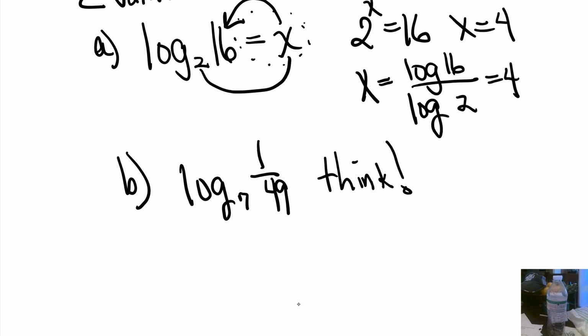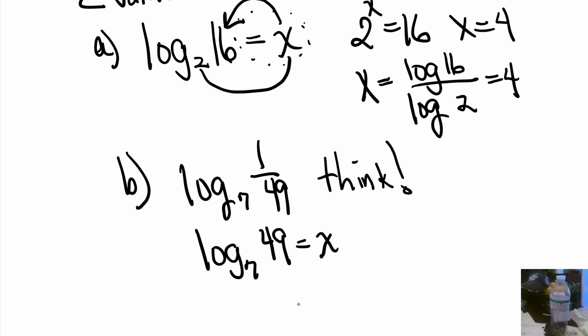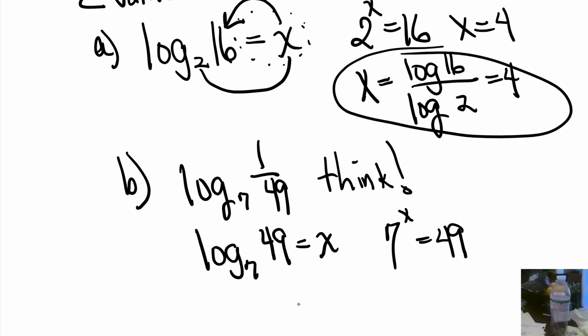If I set this up as log base 7 of 49 equal to x, that means 7 to what power is the positive 49. Again, I can use the process up here, log of 49 over log of 7. But if we know our multiplication tables, we know that 7 squared is 49. So that x is actually 2. But that's a positive 49.